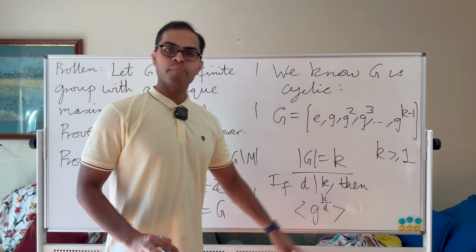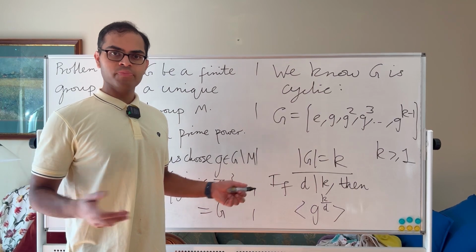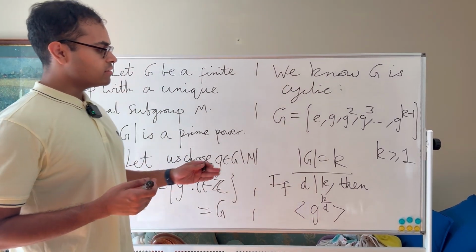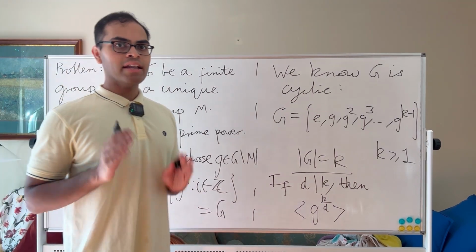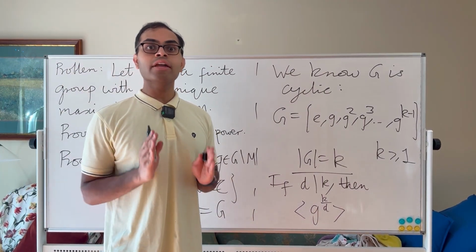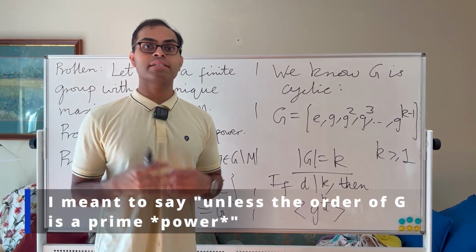This subgroup will have order d. So every divisor of the order of the group has a subgroup with that order. And now we're going to be able to conclude that G cannot possibly have a unique maximal subgroup unless the order of G is a prime number.